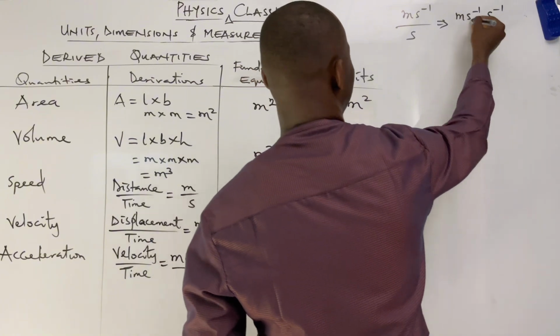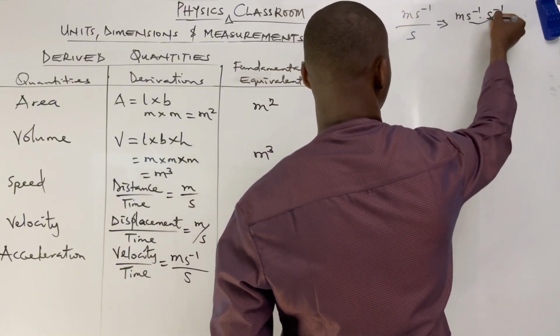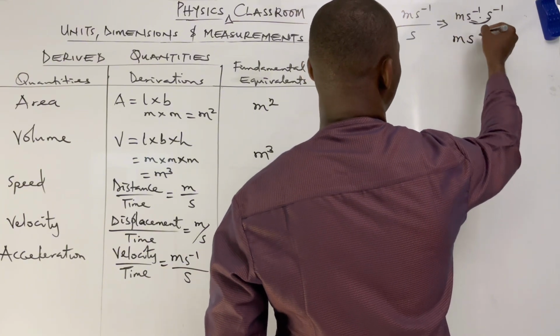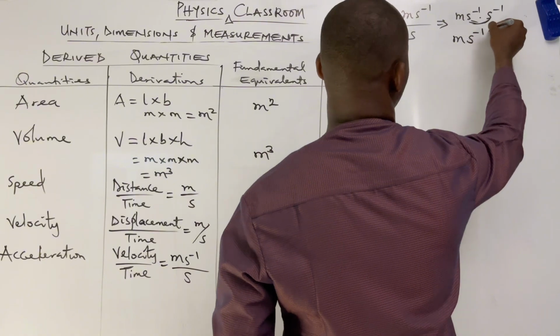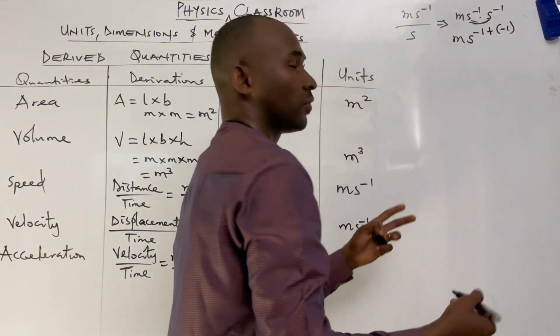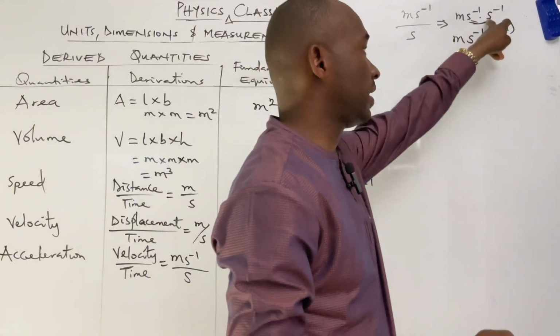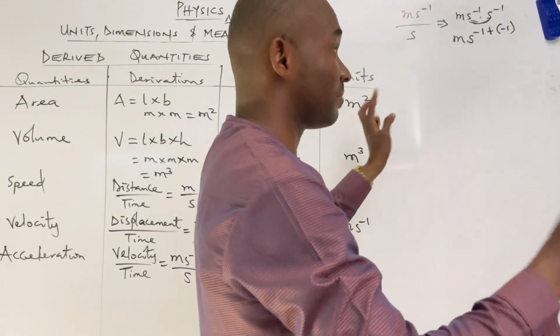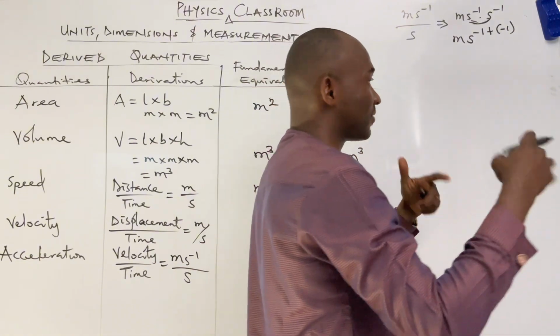Now, the product of these two is m s raised to the power of minus 1 plus, in brackets, minus 1, because for us to multiply these two, it connotes addition of the powers according to indices. I'm not here to teach mathematics; it's under indices, you can as well cover that.